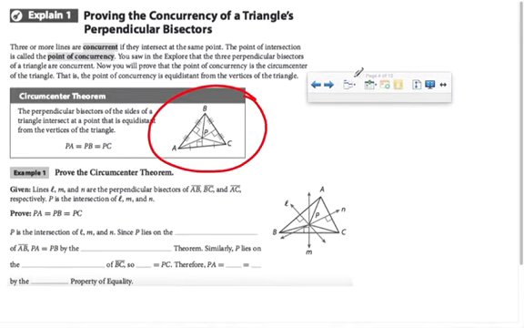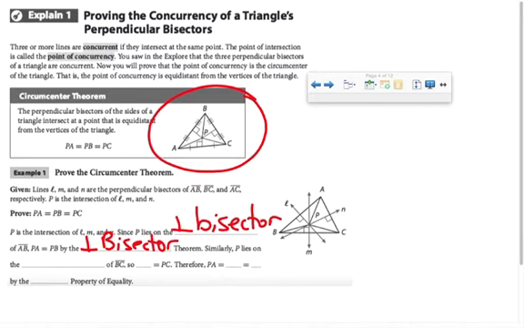And here we're proving that. P is the intersection of lines L, M, and N. Since P lies on the perpendicular bisector of segment AB, then PA equals PB by the conveniently named perpendicular bisector theorem.